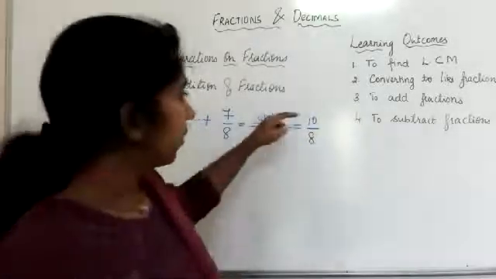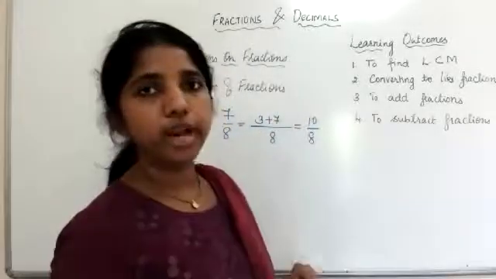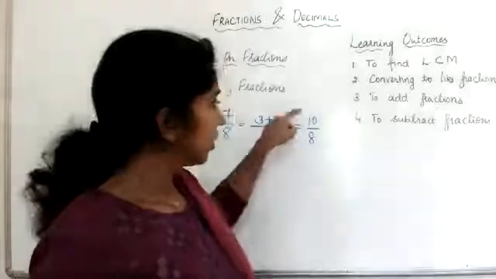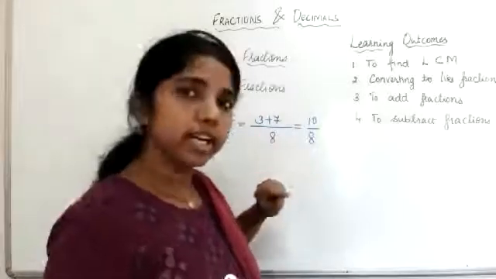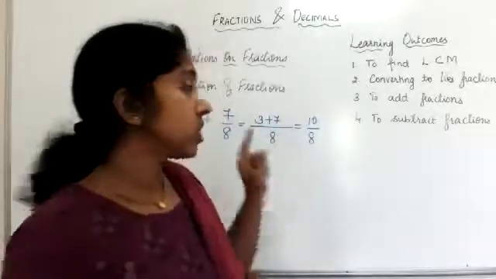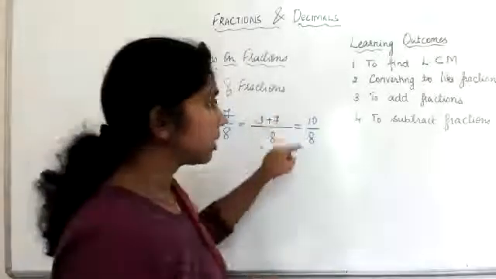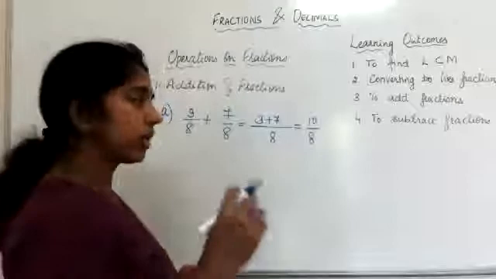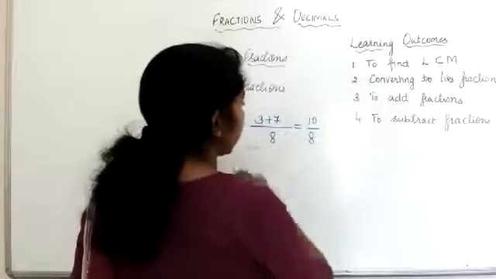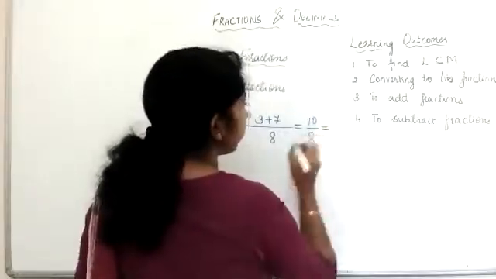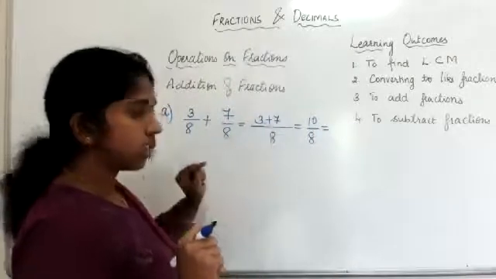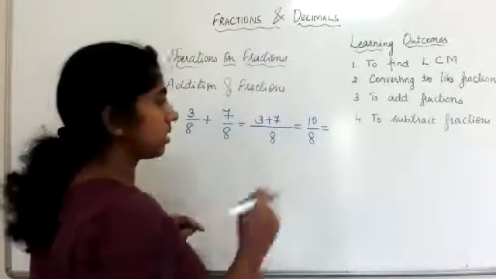Now 10 by 8, what type of fraction is this? Yes, this is an improper fraction, where the numerator is greater than the denominator. At this time we can convert this improper fraction to a mixed fraction, as we have learned. How are we going to do it?